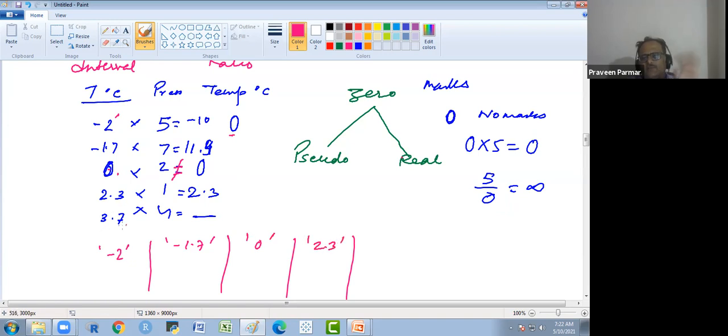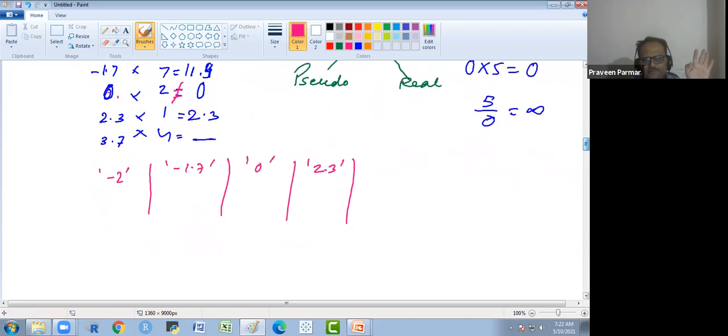N minus k minus 1 dummy variables we have to take. If the temperature is -2, then it will be 1, otherwise 0. In the observation, suppose you have the temperatures -2, then 3.7, then 0, then -1.7, then -2, in this way.